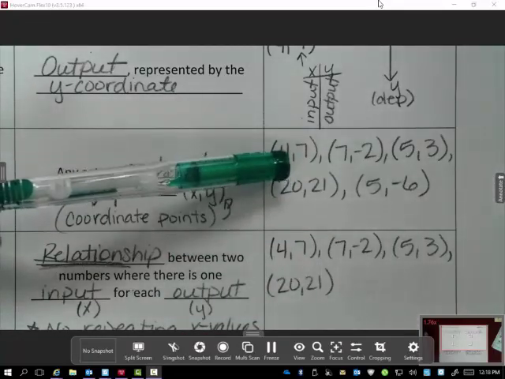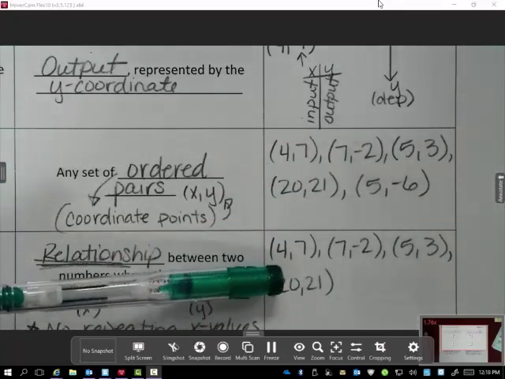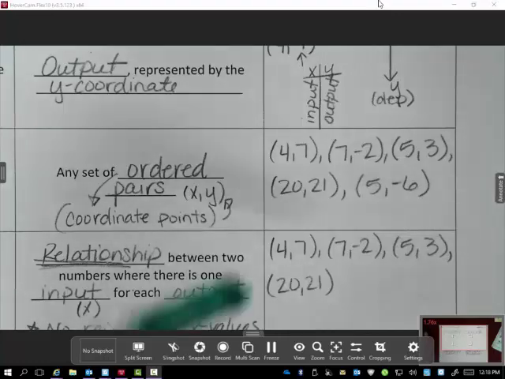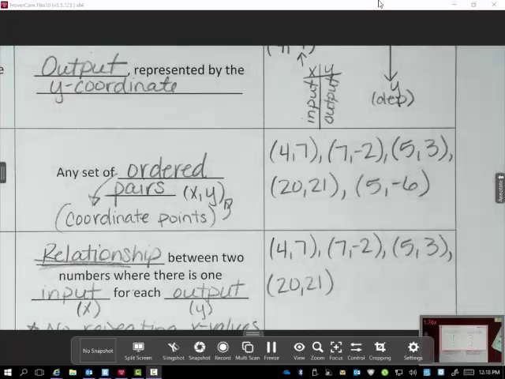This would be a rectangle. This would be a square. Are all squares rectangles? Yes. They're just more specific types, right? So all squares are rectangles, but are all rectangles squares? No. Same thing with relations and functions. All functions are relations, but not every relation is a function. Okay? Does that make sense?